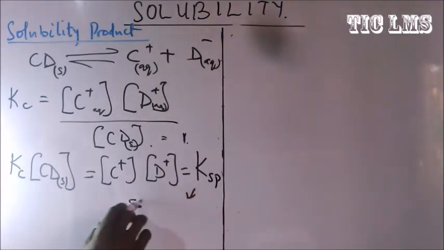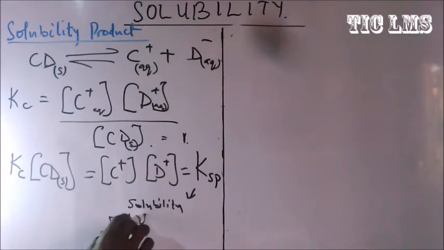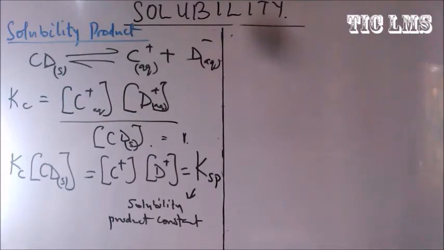So this is the solubility product constant. Several salts have their own solubility products, most of them at 25 degrees Celsius. So these are constants. So solubility product is a measure of solubility. And the greater the solubility of an ionic solid, the larger will be the value of its solubility product. We are going to solve some questions under solubility product.